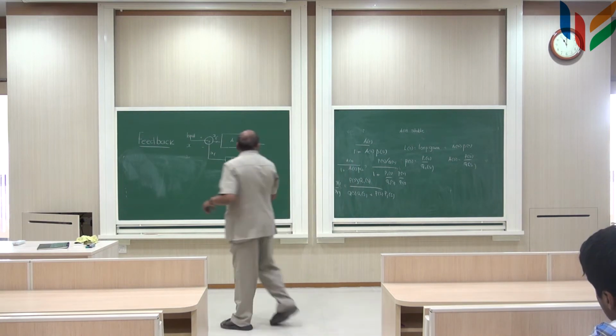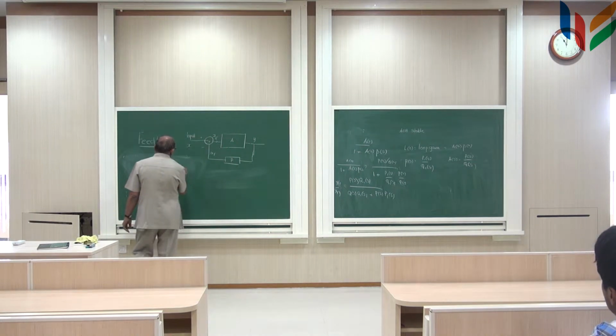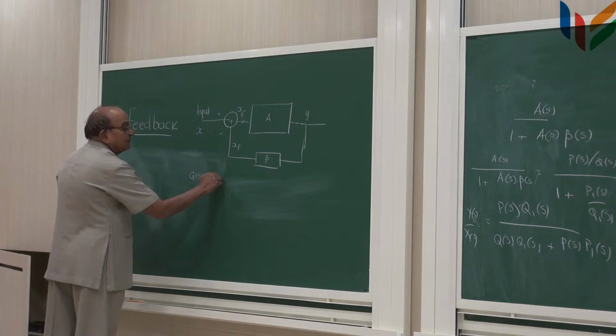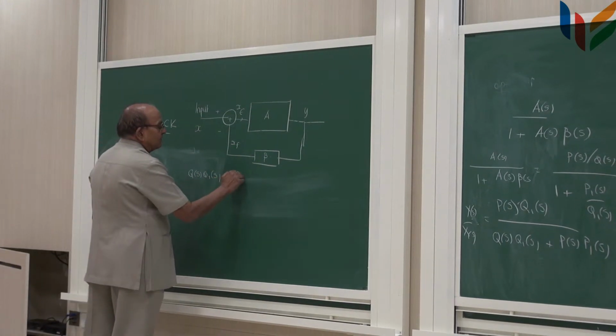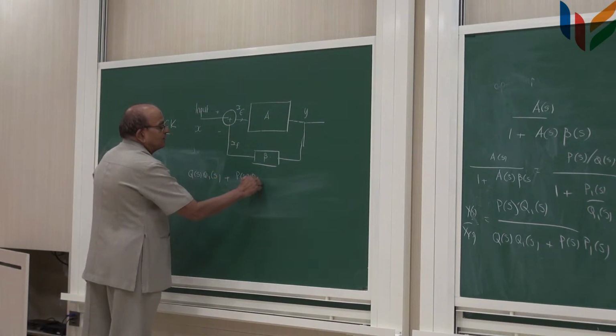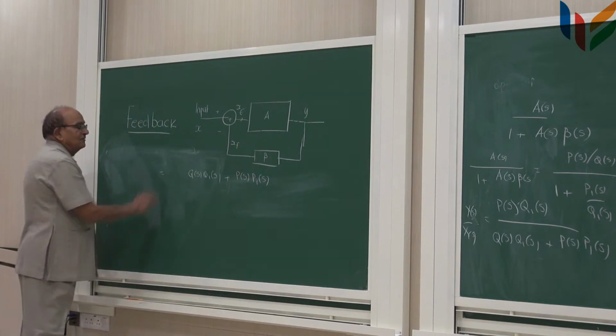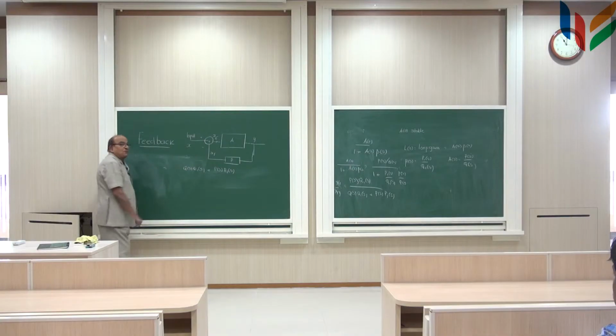So, the polynomial formed by Q(s), Q1(s) and P(s), P1(s), this polynomial must be what?